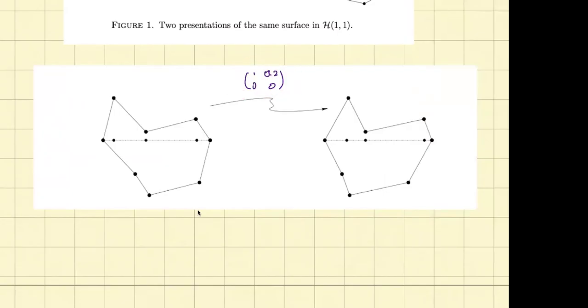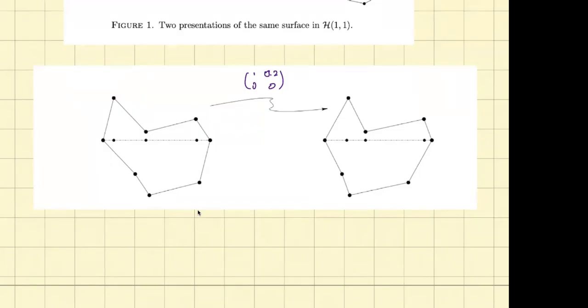So if you apply this particular linear transformation, the horizontal lengths are unaffected, but the vertical sides move, the points move horizontally, depending on whether they're up above or below this axis. The points over here don't move. These points move a little bit. And you get from this picture to this picture. And so the SL2R action is making this translation surface into this one.